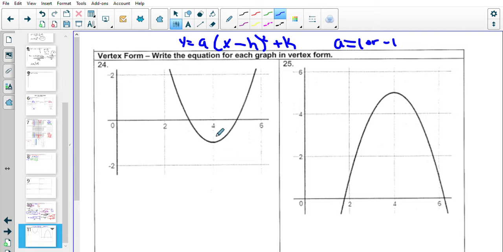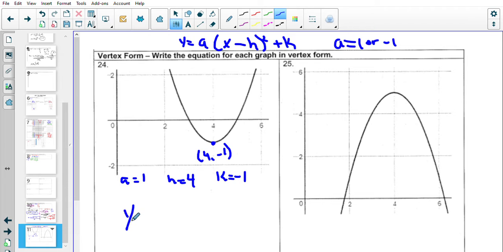So 24, we can see that our graph goes up. So right away, a is equal to 1. Our vertex, I can find here, that's at the point 4, negative 1. So that means that h is 4 and k is negative 1.